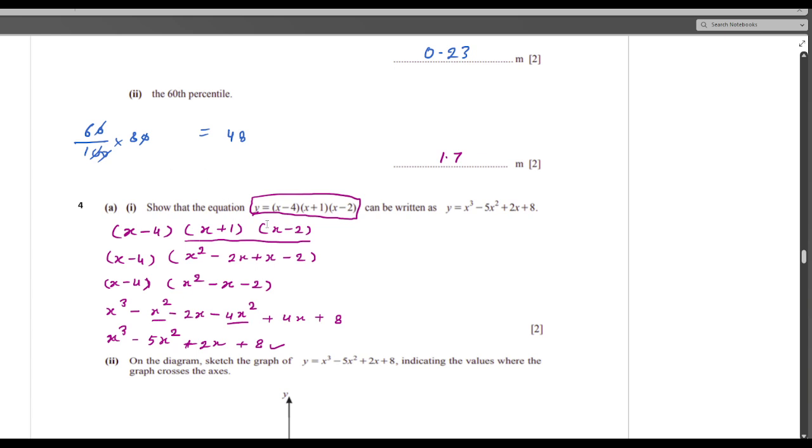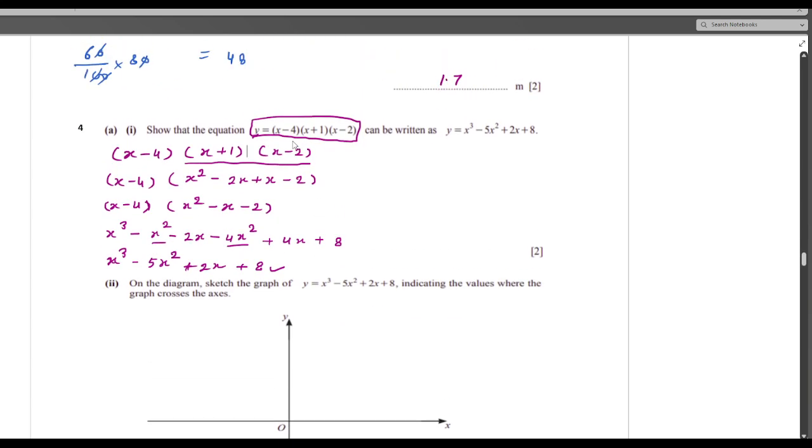So when any of these factors is 0, my y is going to be 0. So for x equal to 4, this x minus 4 will become 0. For x equal to minus 1, this x plus 1 will become 0, and for x equal to 2, this x minus 2 will become 0.